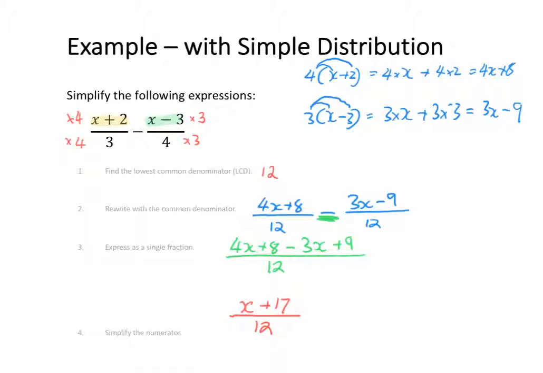So the simplified version of (x + 2)/3 minus (x - 3)/4 is equal to (x + 17)/12. This example is a little bit more involved than the simple example, but by following the steps, we can get our simplified answer by using distribution.